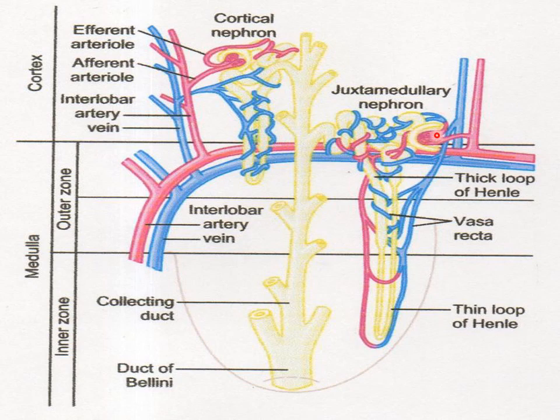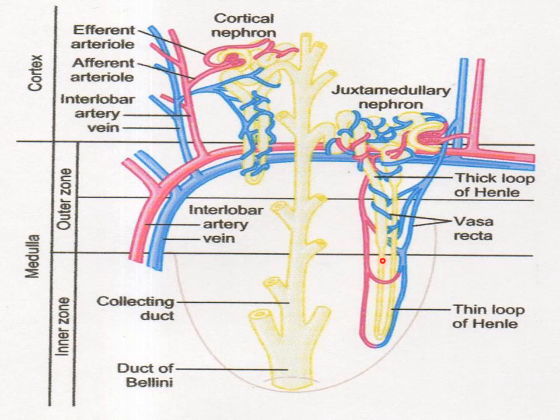So here it's located in the cortex but near the medulla, and it has a long loop of Henle which dips deeply into the medulla, and then it has a long efferent arteriole which also dips deeply into the medulla, then gives branches for peritubular capillaries.